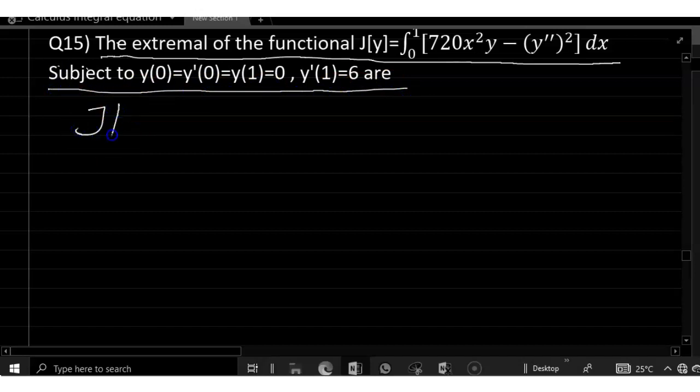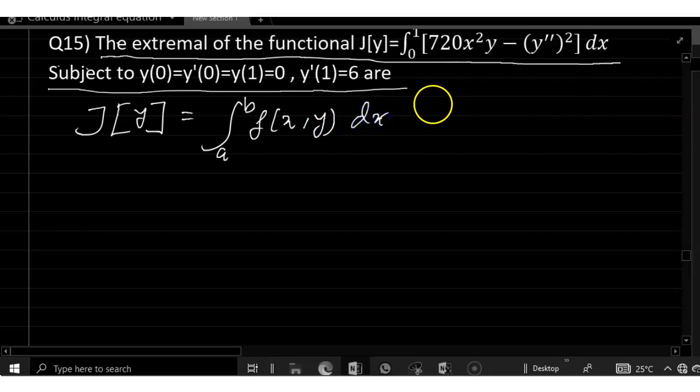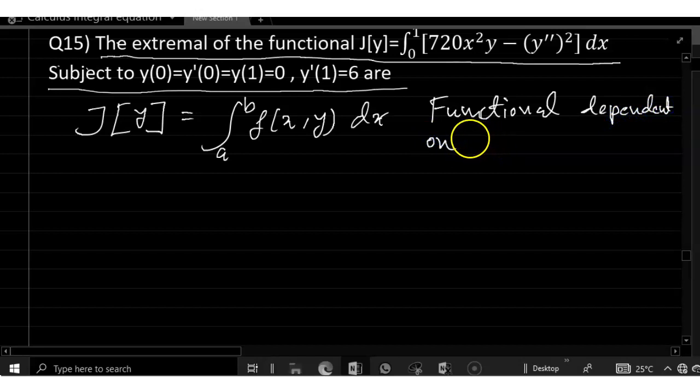So J(y) equals integral from a to b, a functional dependent on higher order derivatives.